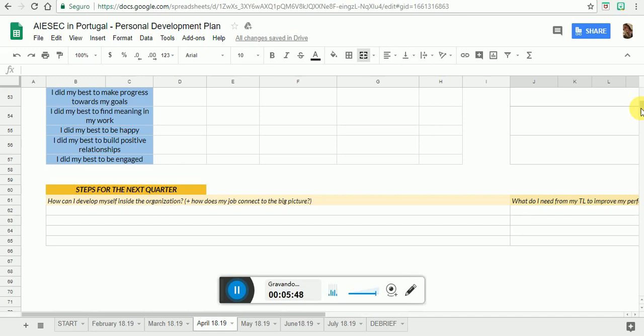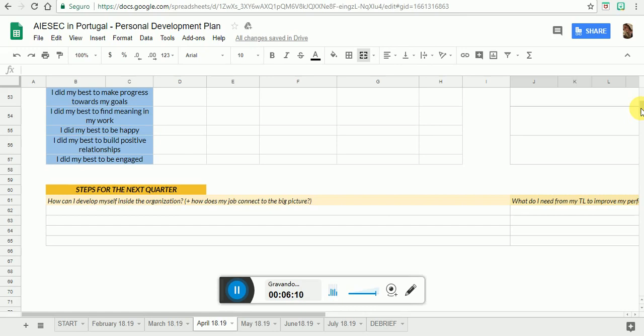One thing is how can I develop myself inside the organization. How does my job connect to the big picture? Because it was something that we analyzed, that most people in the service don't think that they are achieving their goals and doing their job right.